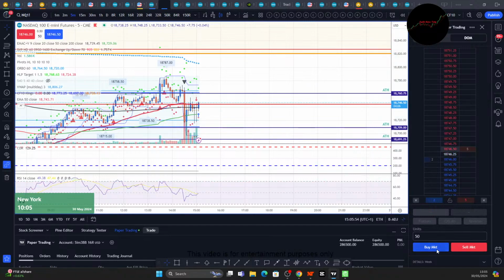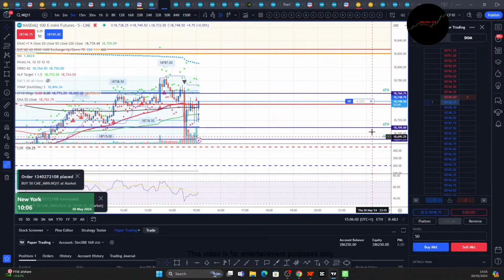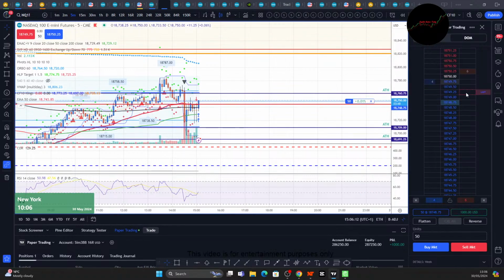Okay, so the natural place for this to go would be up to the 60s here. It's going to go long. Naturally, you would think it would go up to the 60s here. But I may want to target 65.25.